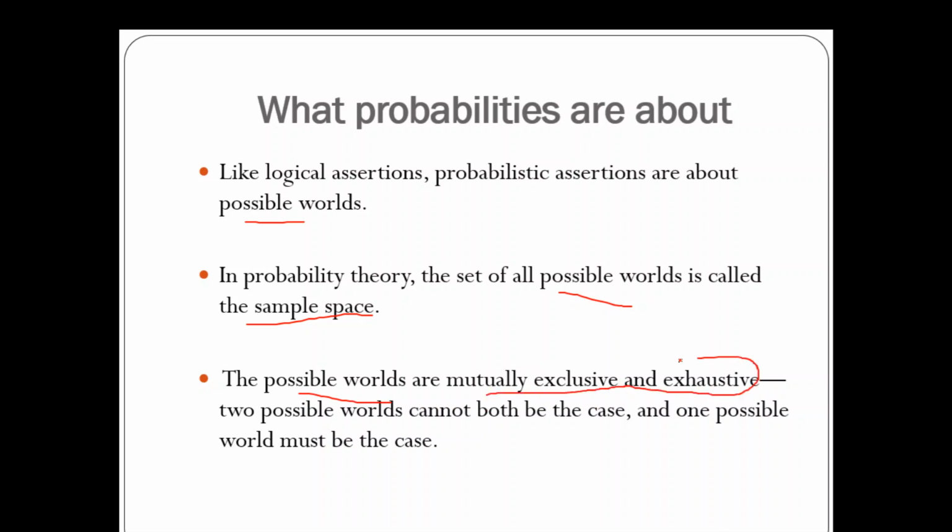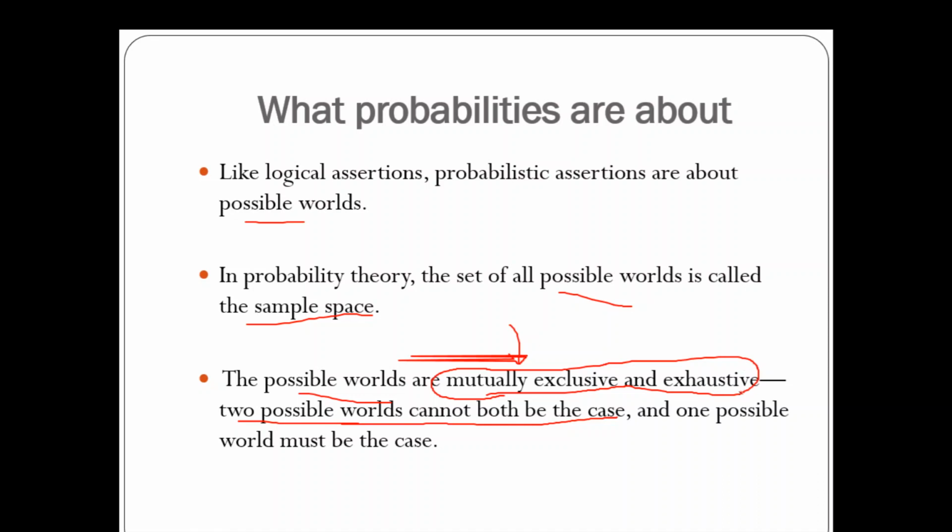What does it mean? So this is important. It means that there are many worlds, but out of these only one world can be true at a given time. Two possible worlds cannot both be the case. In a given time, only one world can be true. That is called mutually exclusive. That is, if one world is true, then all other worlds are false.